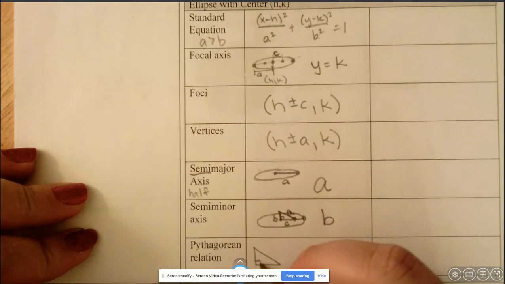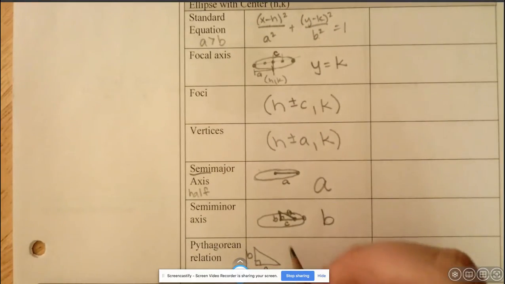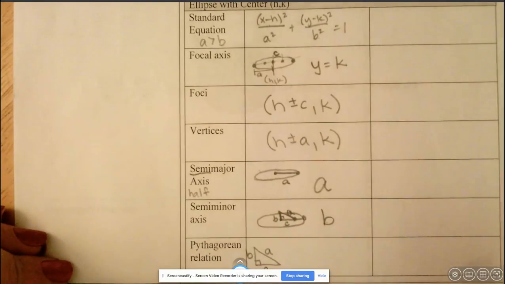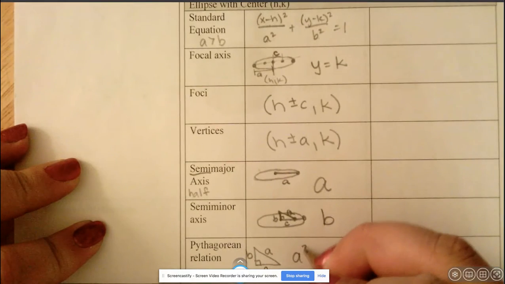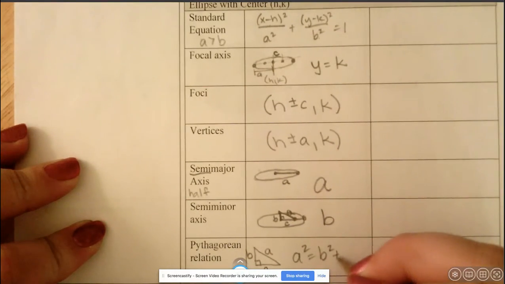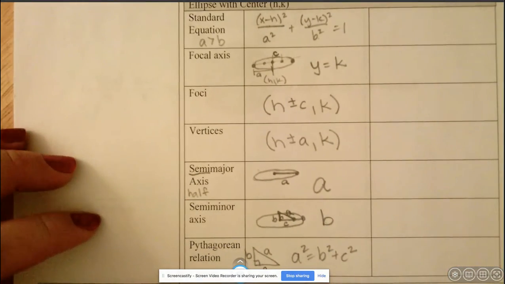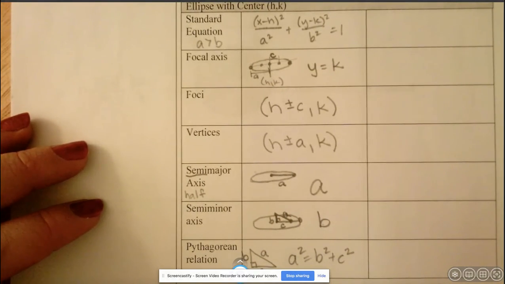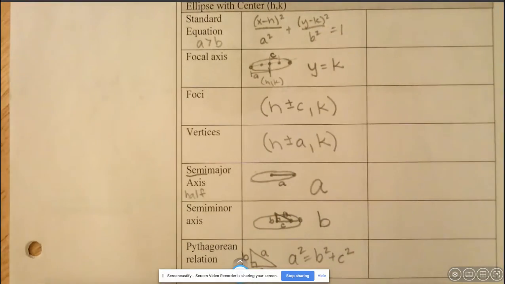So we say here's b, our semi-minor axis, c is our focal length, then a would be the hypotenuse. So we get a squared equals b squared plus c squared. This is different than the Pythagorean theorem. Okay, so this is all for an ellipse that goes sideways, a horizontal ellipse.